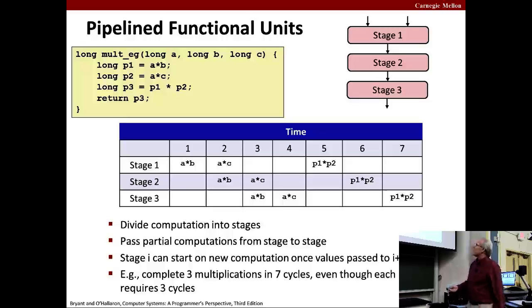So this example shows a 3-stage pipelined multiplier, and I want to do this computation: a times b, a times c, and now multiply those together. The thing to observe is that a times b and a times c don't depend on each other in any way.